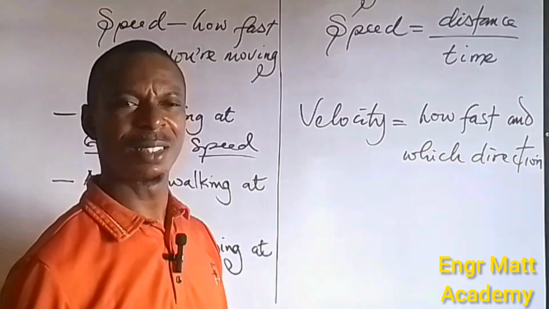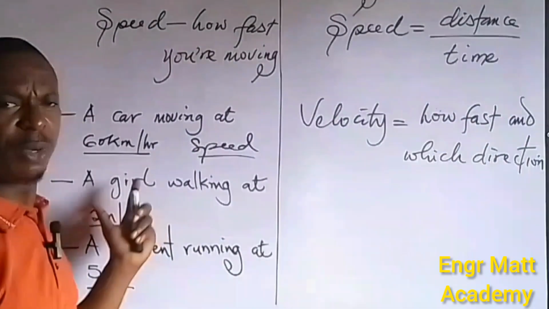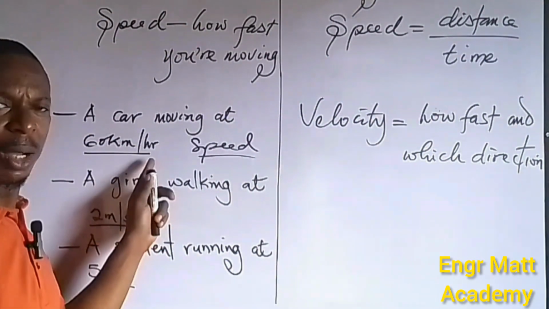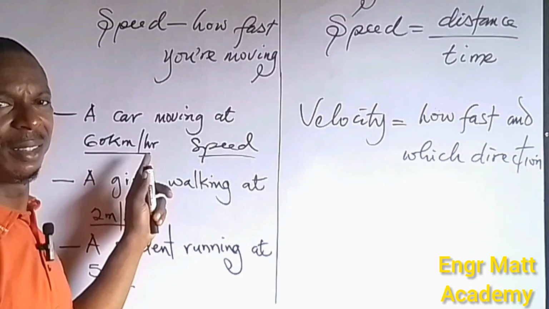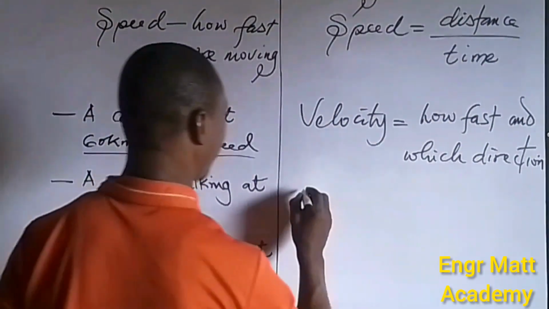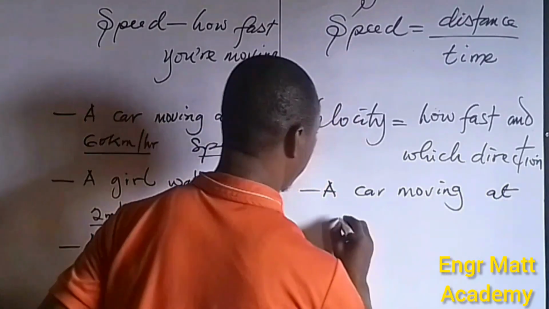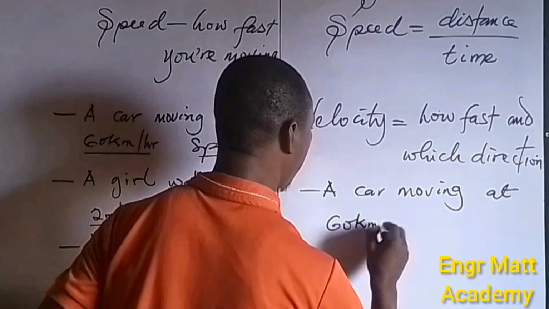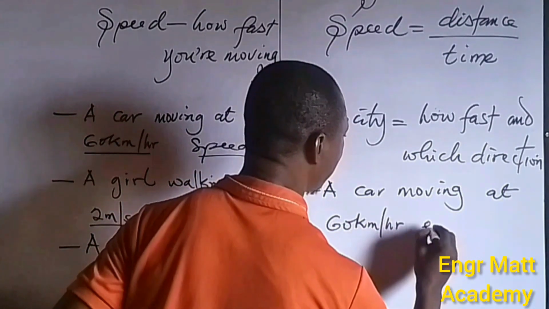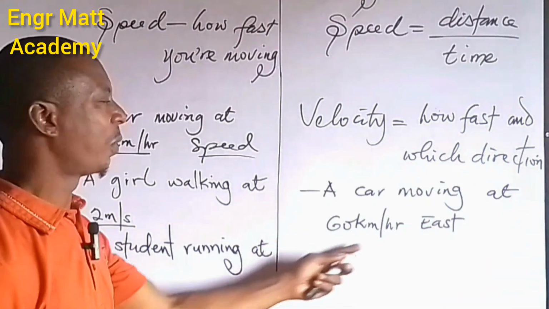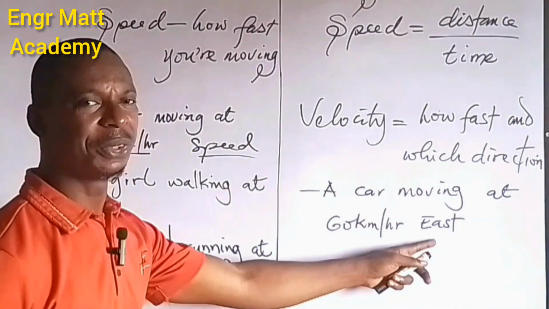While speed is only interested in how fast an object is moving, velocity wants to know what direction that movement is taking place. So going back to our previous examples, a car moving at 60 km/h has no velocity. But if we say a car moving at 60 km/h east, that is velocity, because there is now direction.